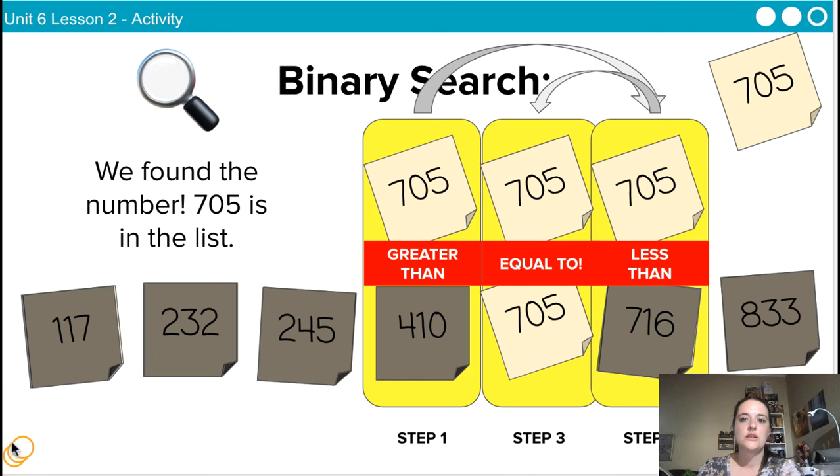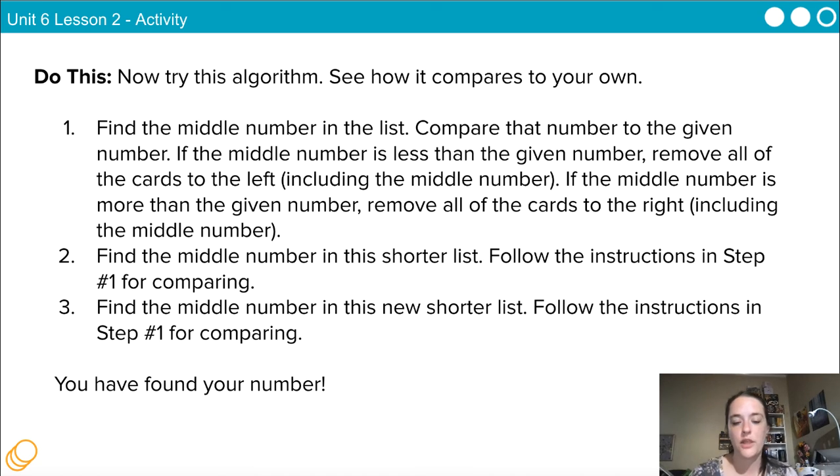So let me see. Okay, I think I have to present it. So let's see how we're going to make this work. Okay, so I want you to try this algorithm and see how it compares to your algorithm. All right, find the middle number in the list.